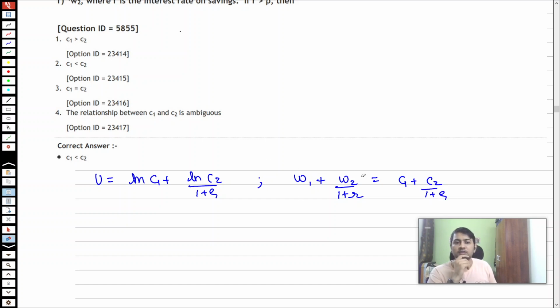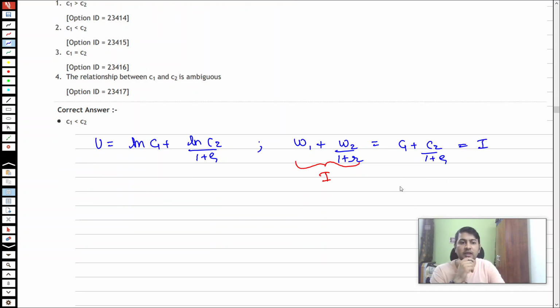Right. So this W1 plus W2 upon 1 plus R is a constant value I. So you can think of this as an intertemporal utility maximization problem. In the same time period, you can think of utility maximization in two commodities.